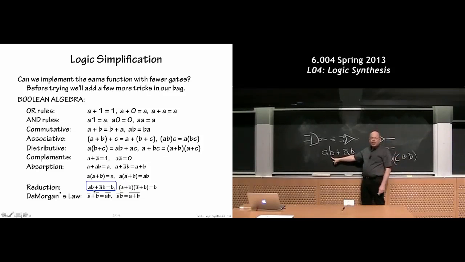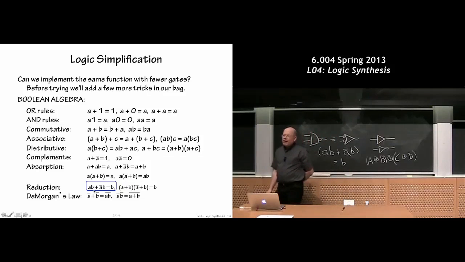B could be a complicated expression. But if the B part of the equation is true, then if I see this in my logic expression, I can reduce this to just B. Because when B is true, this expression is true whether A is 0 or 1, so long as B is true. So this is a way of doing this sort of simplification.